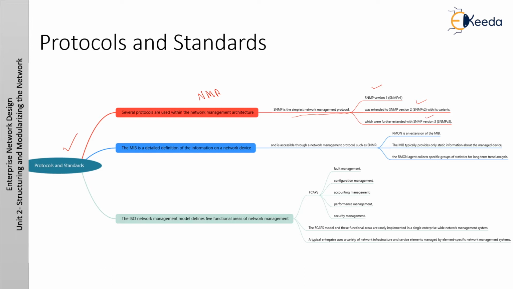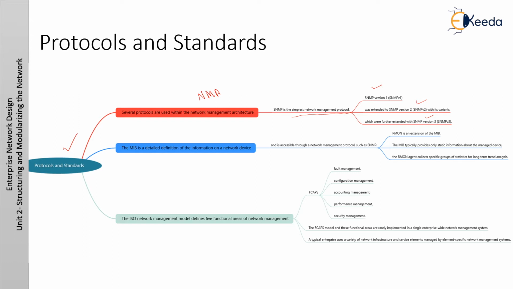The MIB is a detailed definition of the information on a network device and is accessible through a network management protocol such as SNMP. And then RMON is the extension of MIB. The MIB typically provides only static information about the managed devices. The RMON agent collects a specific group of statistics for long-term trend analysis.